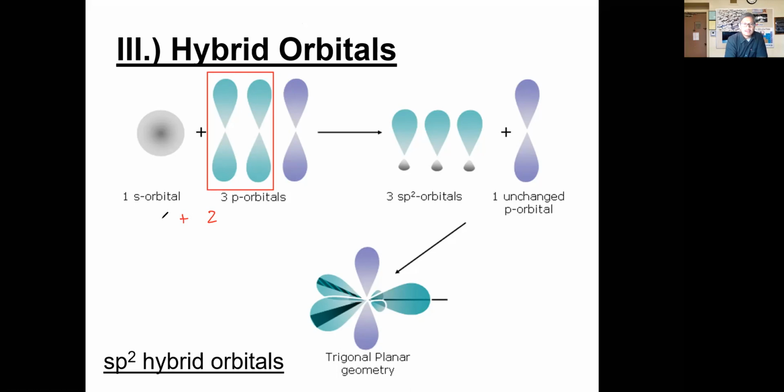So we take the s orbital and we combine it together with 2 of the p orbitals right there. And if you notice then, what do we form here? And there it is. We have the same kind of shape there. These are our sp2 hybrid orbitals right there.